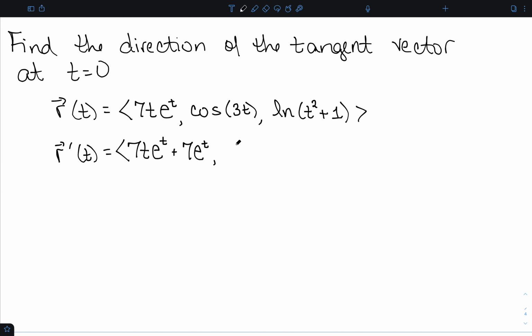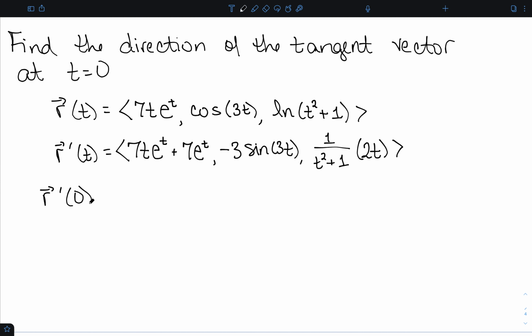The derivative of cosine of 3t is negative 3 sine of 3t. And for my last one, the derivative of ln is 1 over t squared plus 1, but we do need to use the chain rule and multiply by the derivative of the inside, which is 2t.